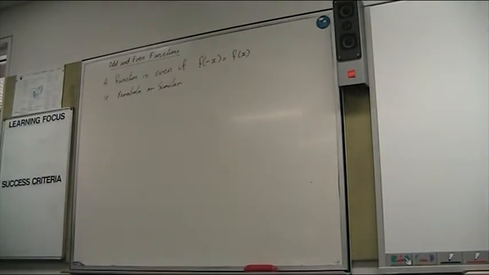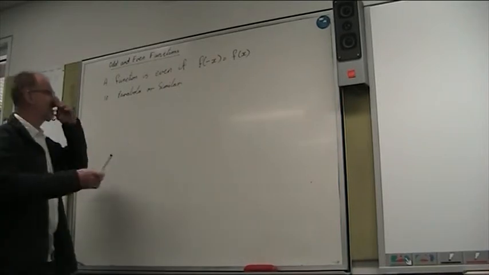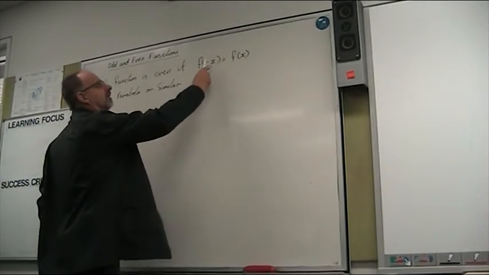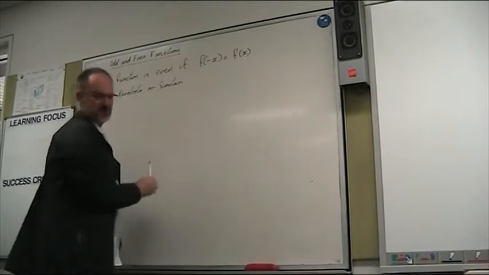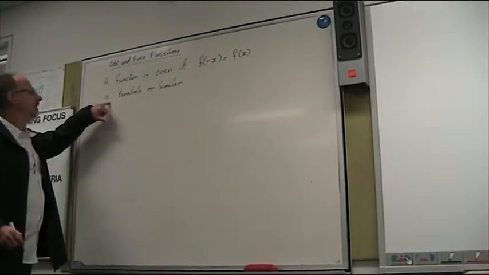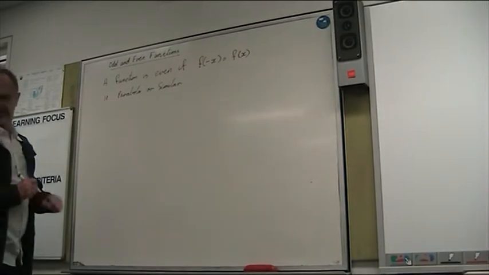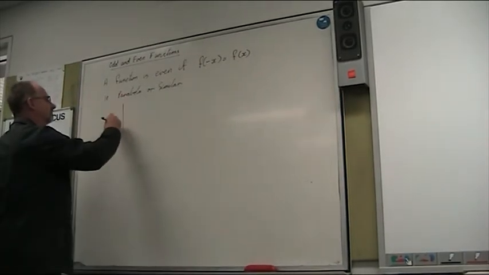Okay, so just formalising what I said before about odd and even functions. It's an even function if when you put negative x's in, the answer you get is the same as if you put positive x's. So parabola or similar.